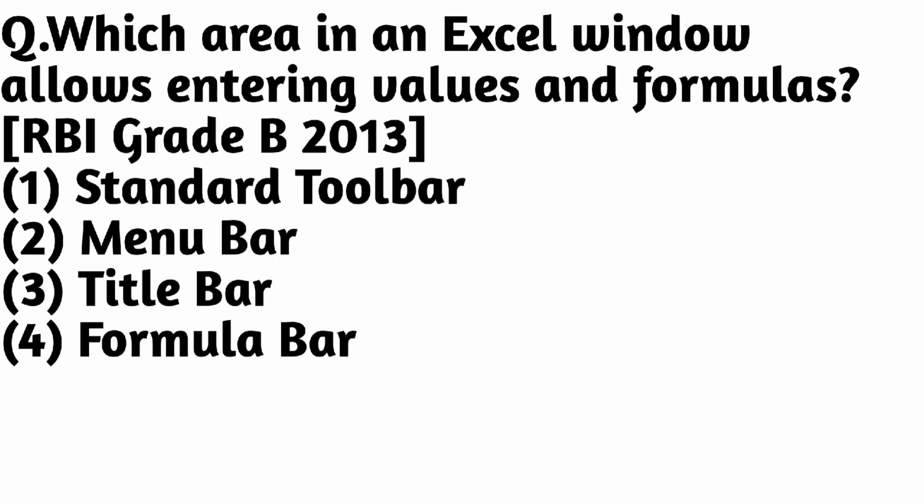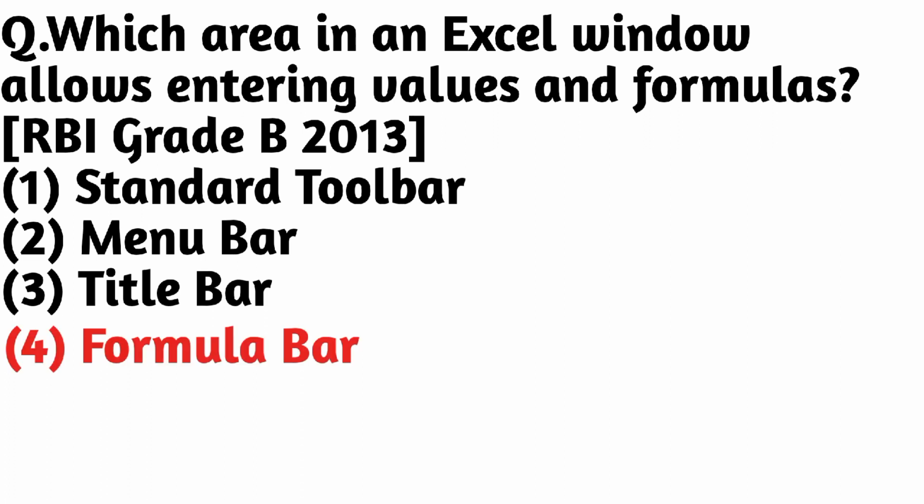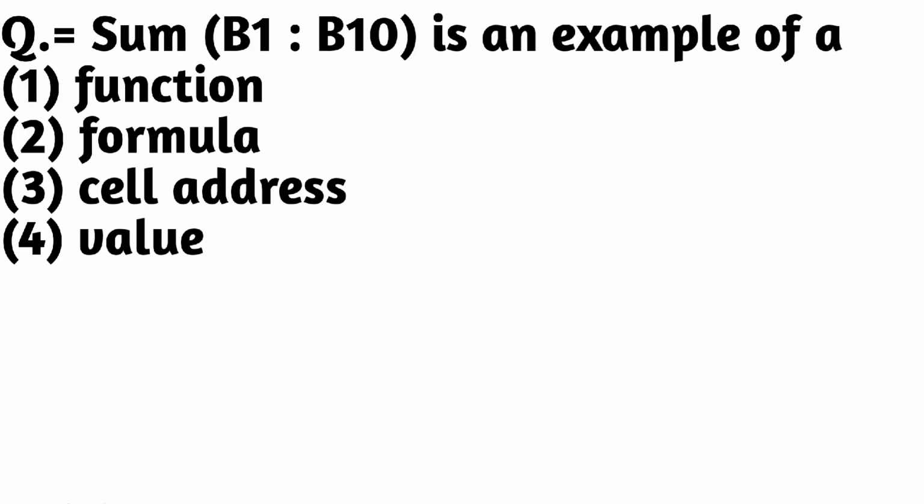Next question. Which area in an Excel window allows entering values and formulas? Option 1 standard toolbar, 2 menu bar, 3 title bar and 4 formula bar. The correct answer is option 4 formula bar. Next question.